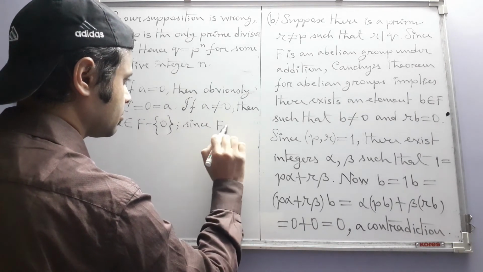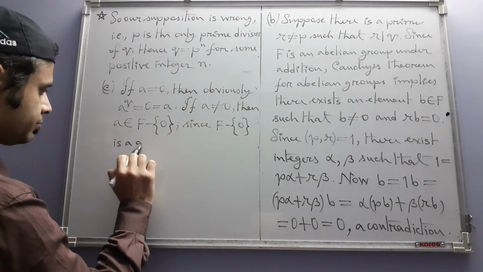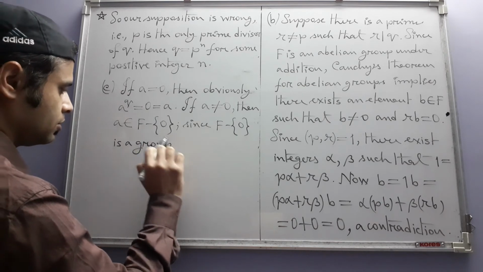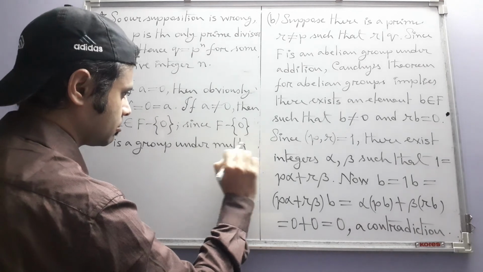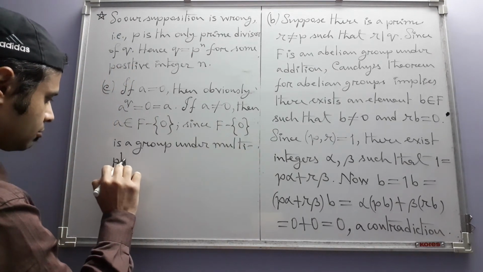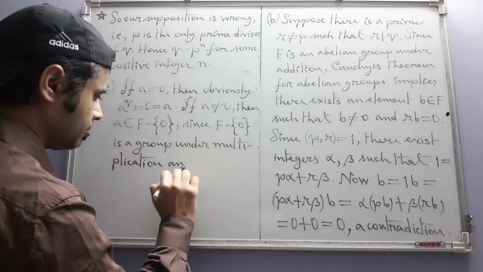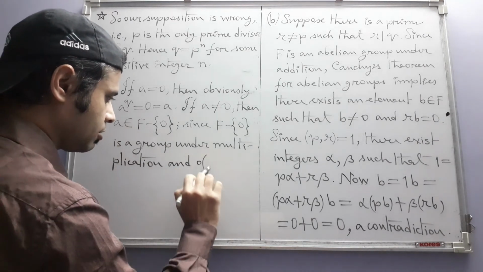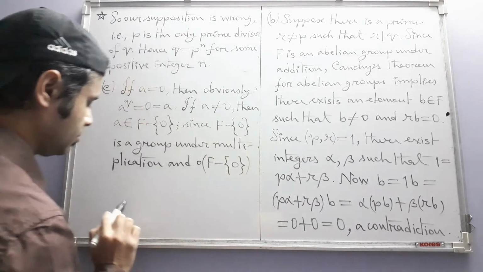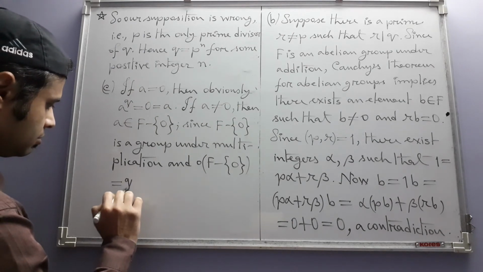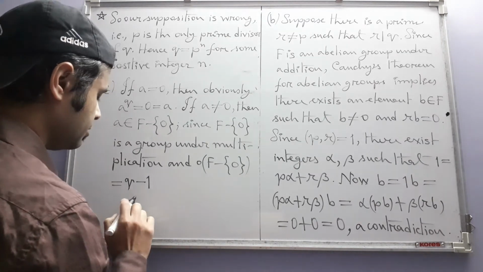Since this set is a group under multiplication, and the order of this group is one element less than the number of elements in the field.